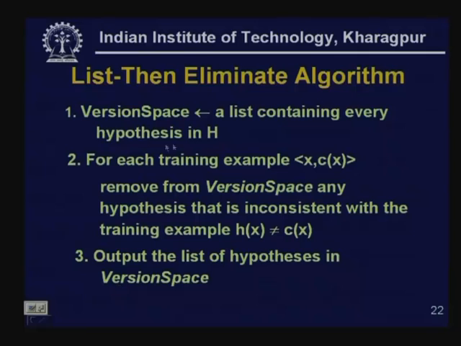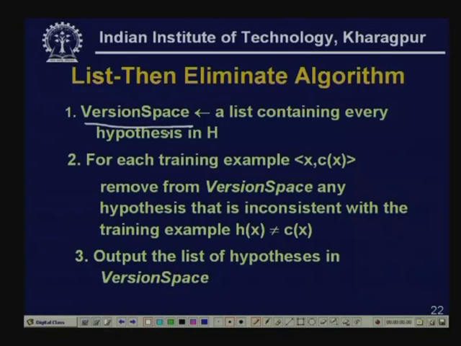Nevertheless, the list and eliminate algorithm can be theoretically described as follows. We maintain a data structure called the version space, which is a list containing every hypothesis in the hypothesis space initially. Then we process each training example one at a time.